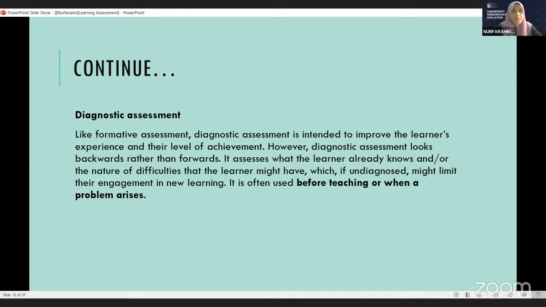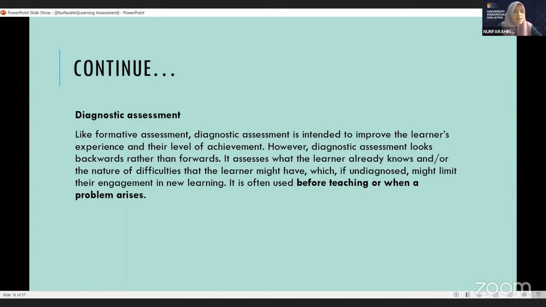If, for example, you would like to start teaching a topic on photosynthesis, perhaps. Before you start teaching, you give out some worksheets, okay, just to assess the prior knowledge that the students have about photosynthesis. So from this diagnostic assessment, you may find that some students are excellent. They already know what photosynthesis is.